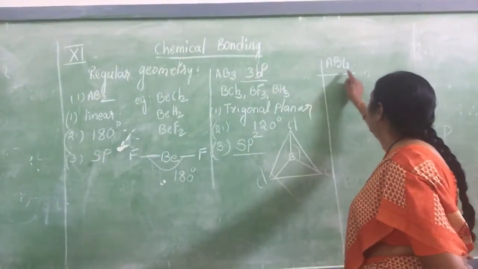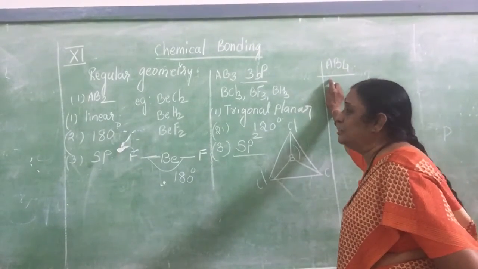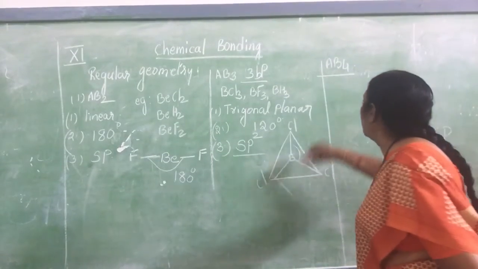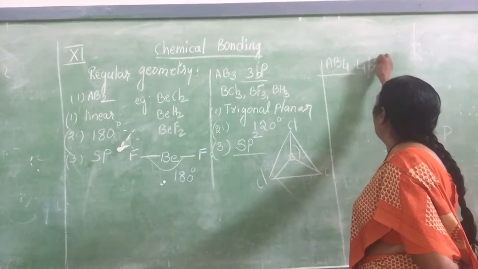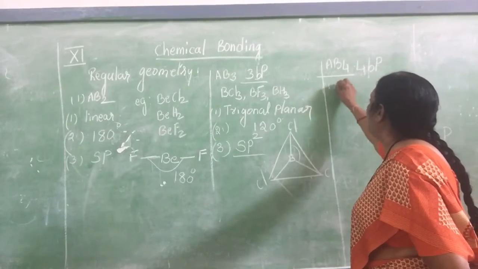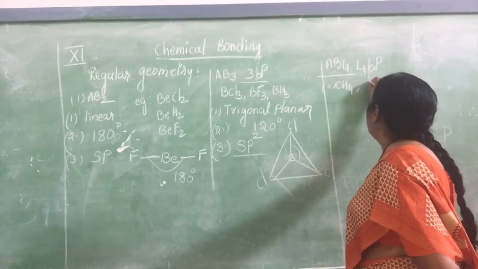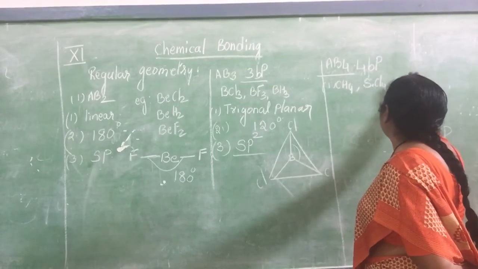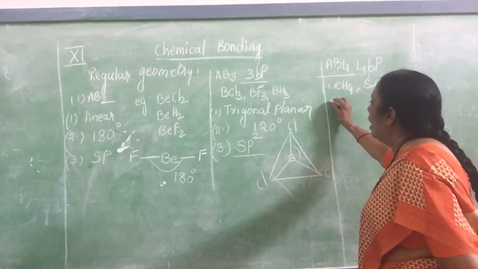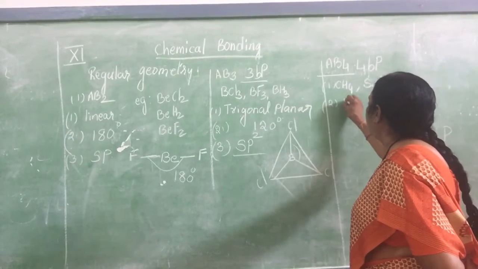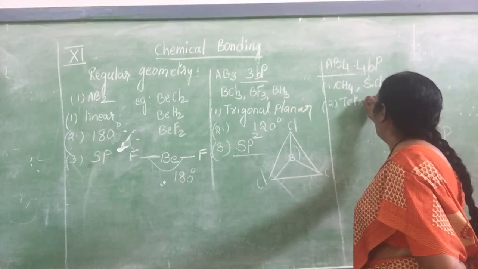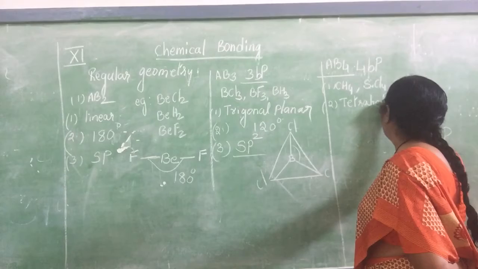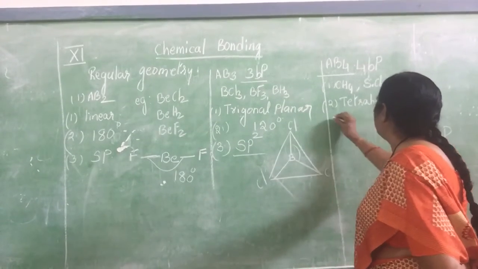Since we are doing the regular geometry, there will be here only 4 BP. How many bond pairs? 4. Examples: methane, SiCl4, CCl4. Now shape. Tetrahedral. Are you following, children? Tetrahedral.